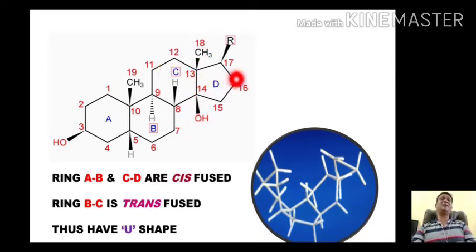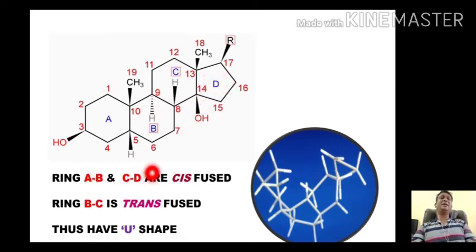Now if we look at rings B and C, the C9 substituent, the hydrogen, has the alpha orientation, while the C8 substituent, the hydrogen, has the beta orientation. They have different orientations, and so the configuration is trans. So A, B is cis, B, C is trans, and C, D is also cis.